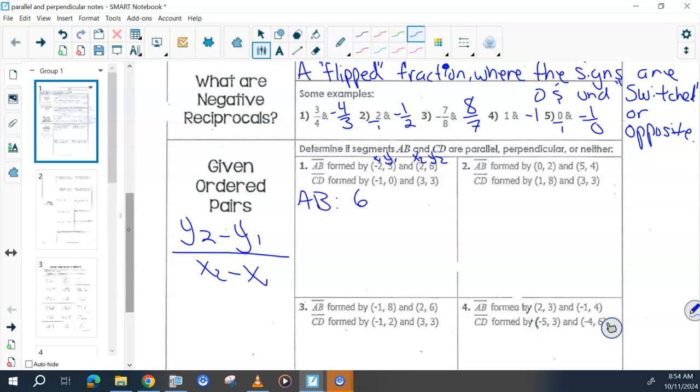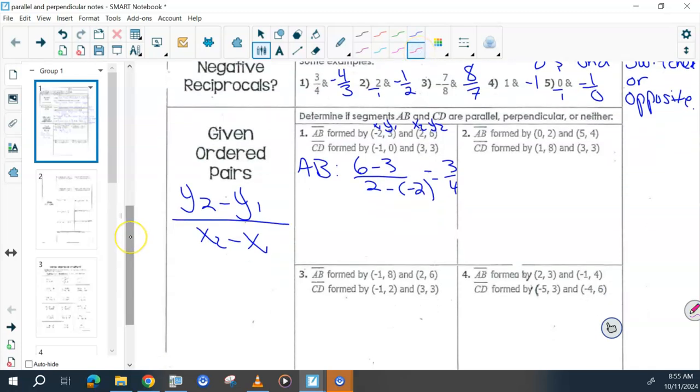So that would be 6 minus 3 over 2 minus a negative 2. What would that slope be? 3/4. Then we're going to do the same thing for CD. Find the slope of that.